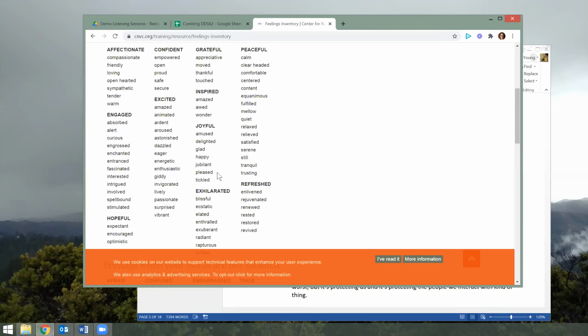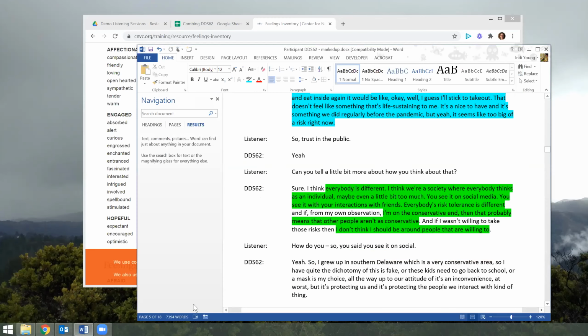Serene. I'm not giddy or expectant. Safe. Secure. Comfortable. Content. There we are. That's the word we're after. Okay, so let's go put content in here.